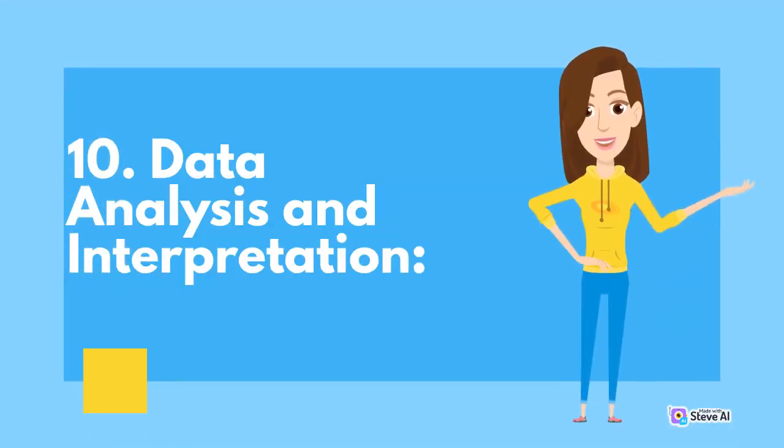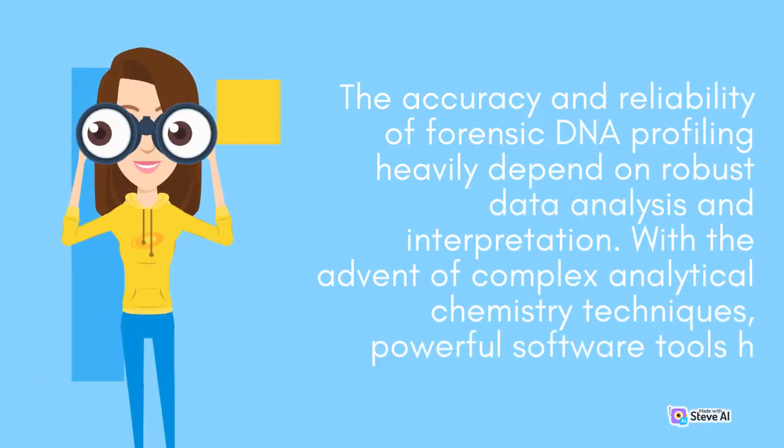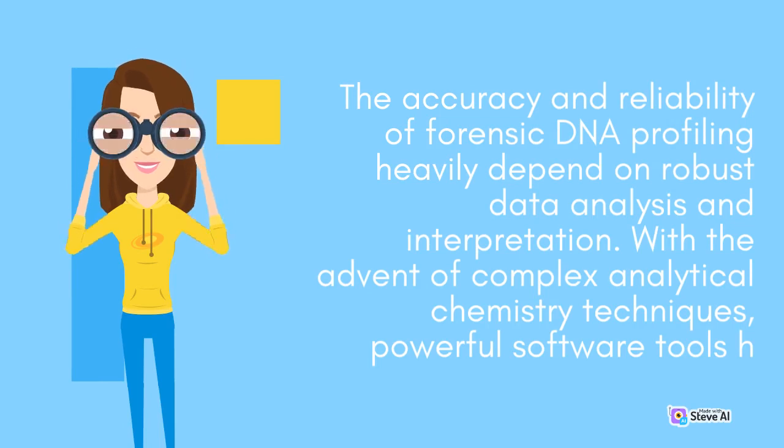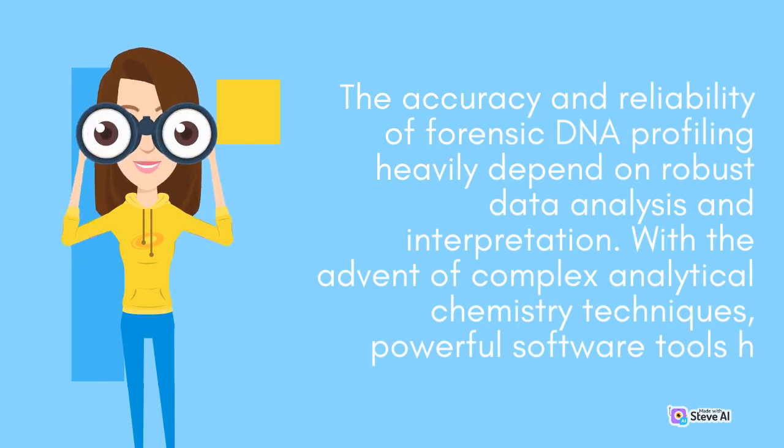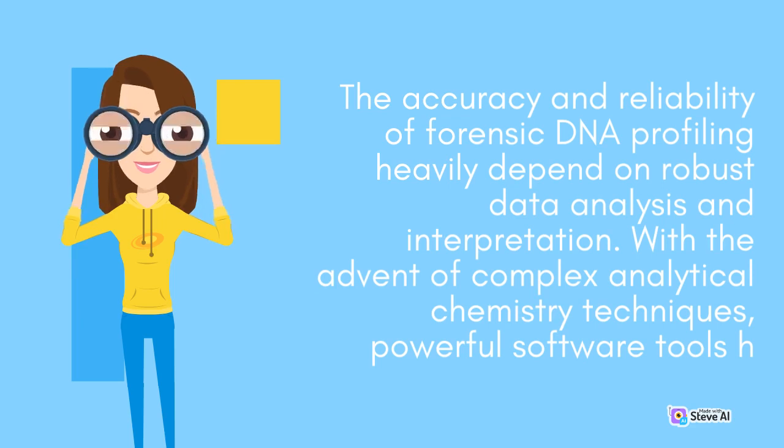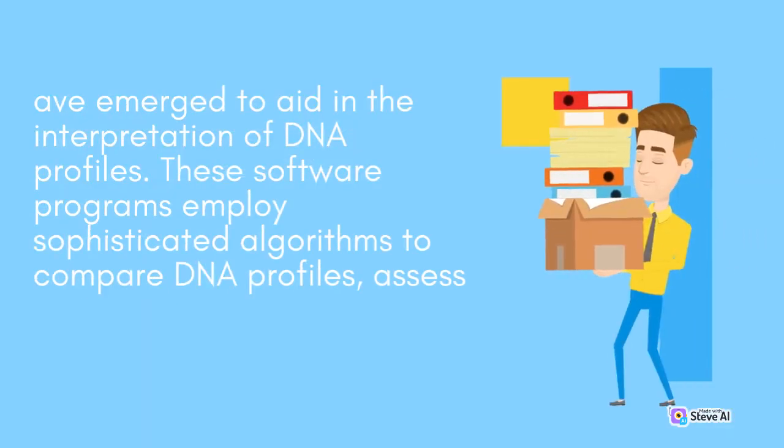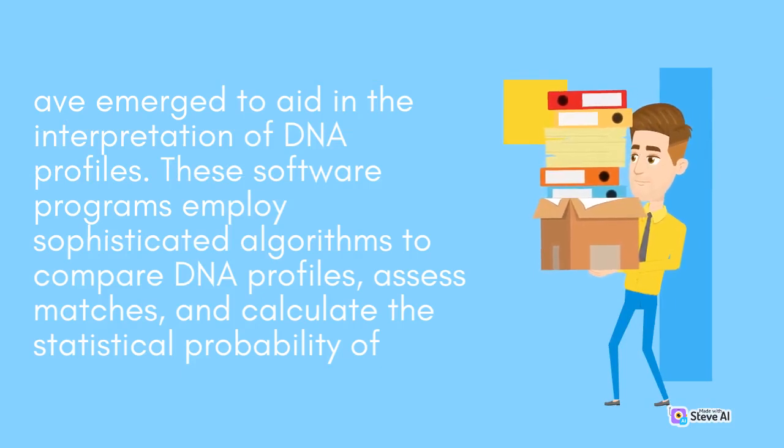10. Data analysis and interpretation. The accuracy and reliability of forensic DNA profiling heavily depend on robust data analysis and interpretation. With the advent of complex analytical chemistry techniques, powerful software tools have emerged to aid in the interpretation of DNA profiles.